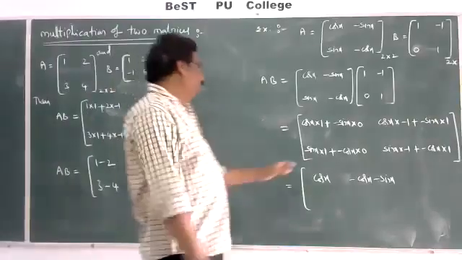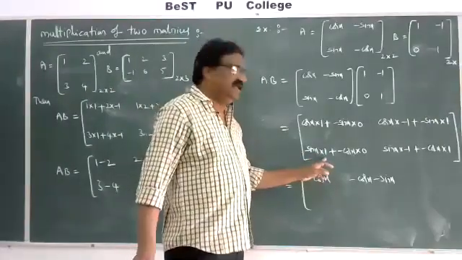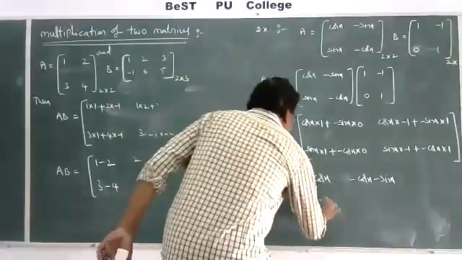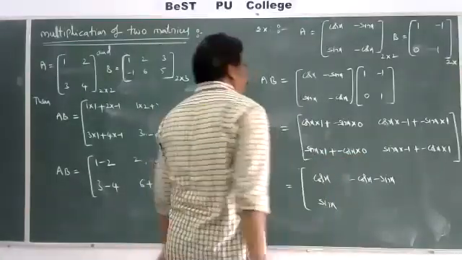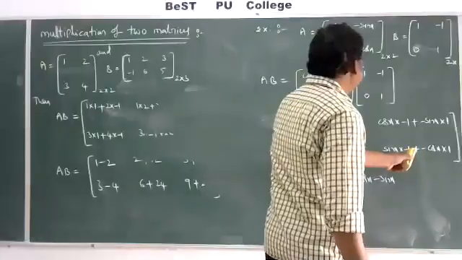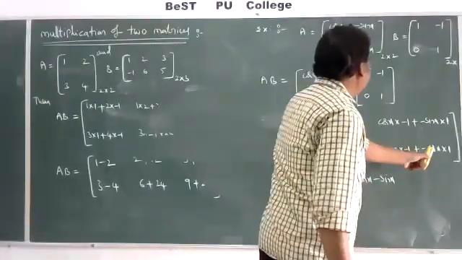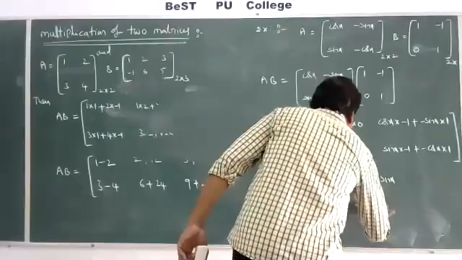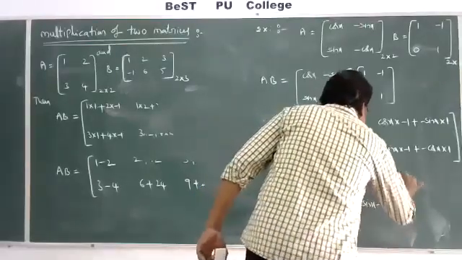Next here, sin x into 1, sin x, minus cos x into 0, 0. That is sin x. Here sin x into minus 1, minus sin x, minus cos x into 1, minus cos x. That is minus sin x minus cos x.